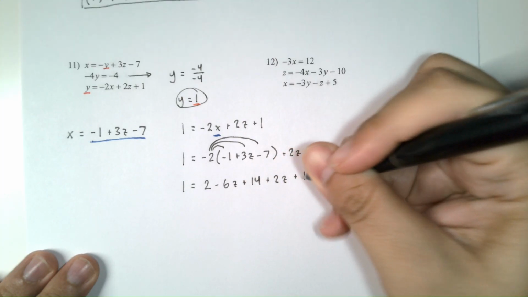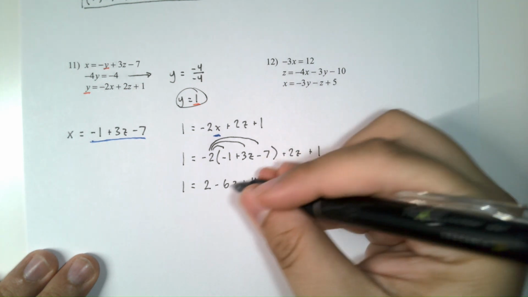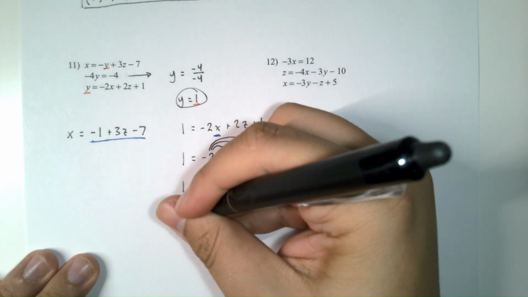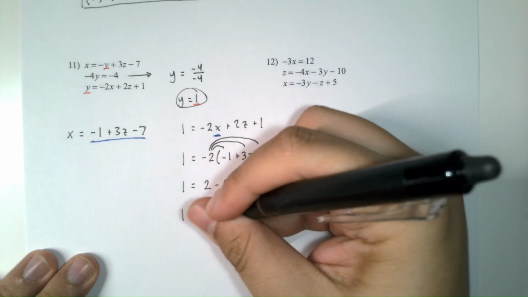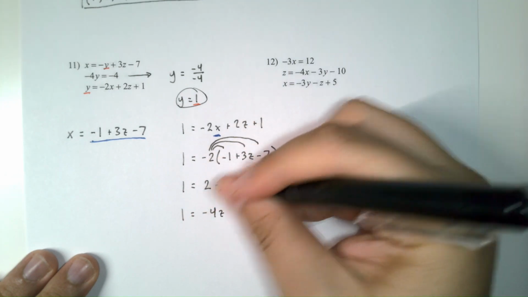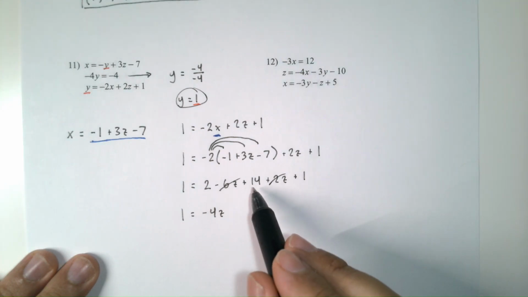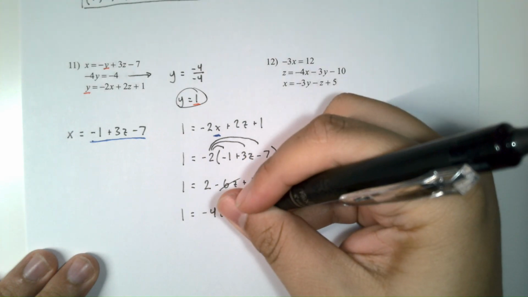Plus 2z plus 1. And if I combine like terms, we have this minus 6z and this plus 2z. Still have the 1 right here, but these two z terms are going to combine into a negative 4z. That takes care of those. And then 2 plus 14 plus 1 is going to be 17.